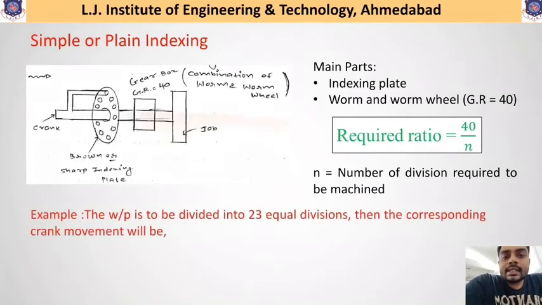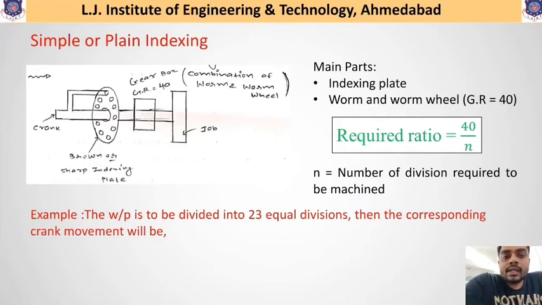So let us take an example for this also. The example is: the workpiece is to be divided into 23 equal divisions, then the corresponding crank movement will be? In our previous topic we discussed that the direct indexing method is helpful to generate holes up to 24, and these 23 equal divisions are less than 24 holes, so this may be generated using the direct indexing method also.